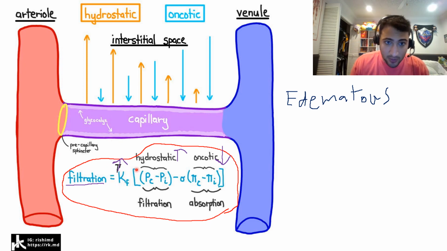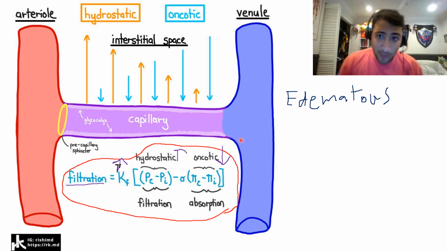And because KF is the multiplier for this subtraction, if this goes up, the whole thing goes up. If this first term increases, the whole filtration increases. And what's the first term? Hydrostatic pressure. The second term that's being subtracted from the first, if this decreases, this whole term increases.